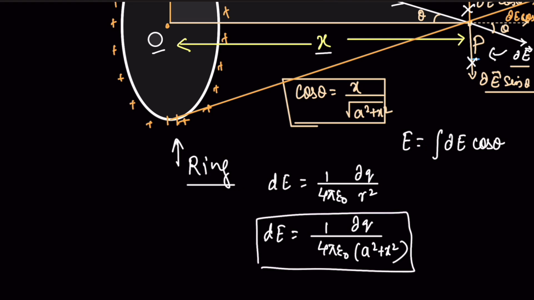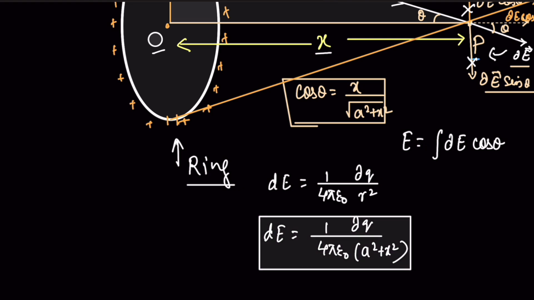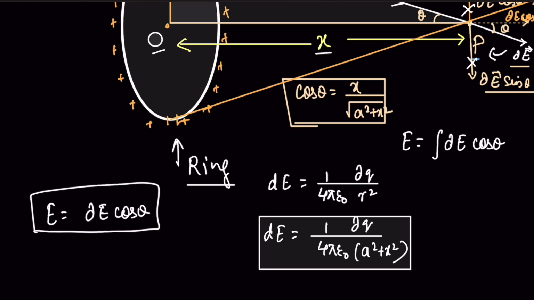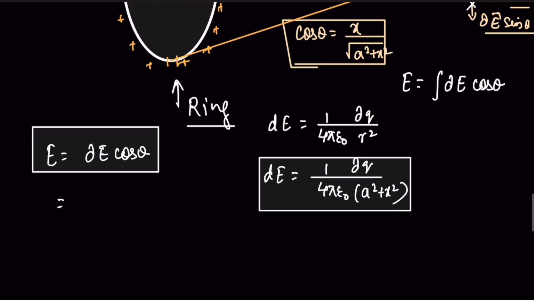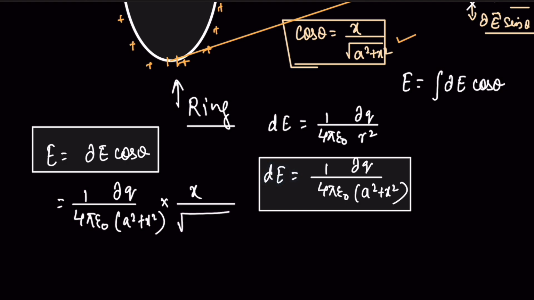Now to find the net electric field, it is equal to the integration of dE cos theta, so we need to substitute the values here. dE we already got, and cos theta is equal to x by root of a square plus x square.